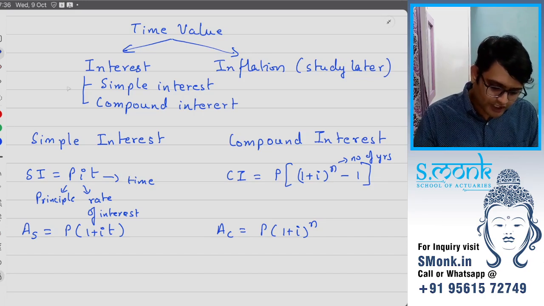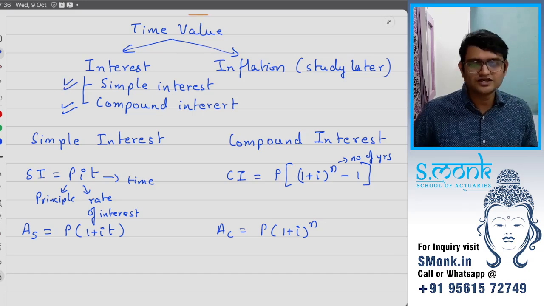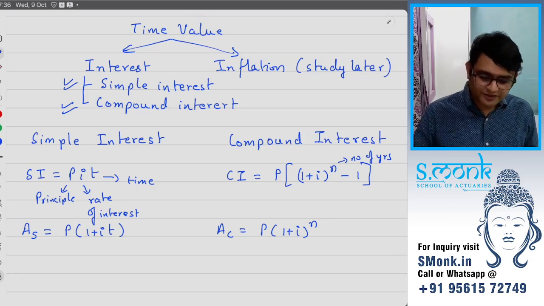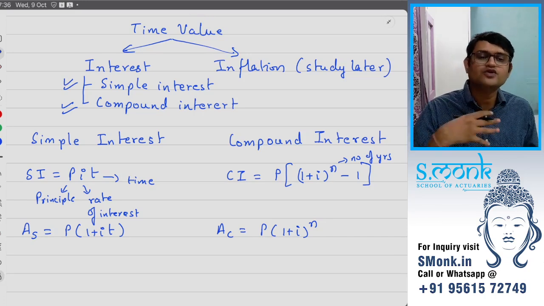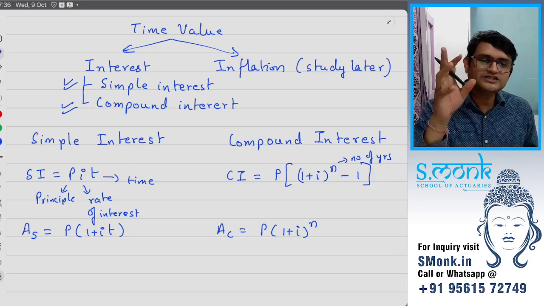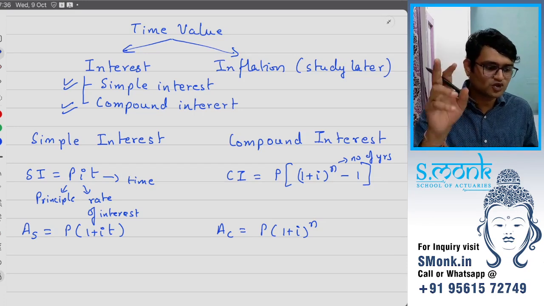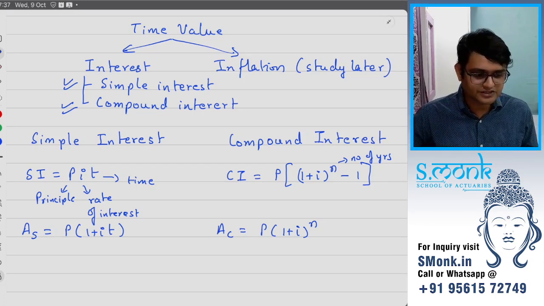If compound interest earns more interest and simple interest earns less, then as a person who has given a loan, I would always want compound interest, and as the person who is paying off that loan, you would always want simple interest. Does that make sense? Yes.